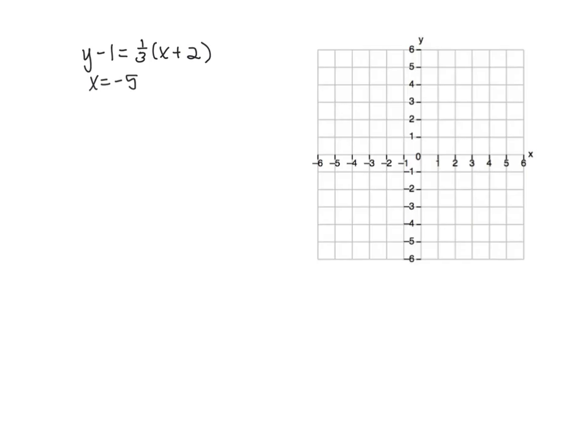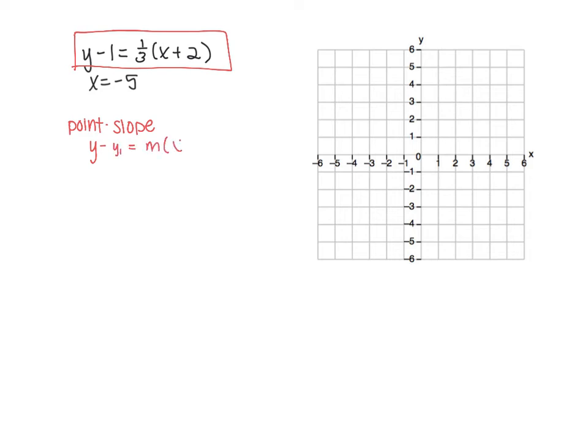Remember, this equation, y minus 1 equals 1/3 x plus 2, is in point-slope form. It usually doesn't make sense to change it into slope-intercept form. It is the equation y minus y1 equals m times x minus x1.